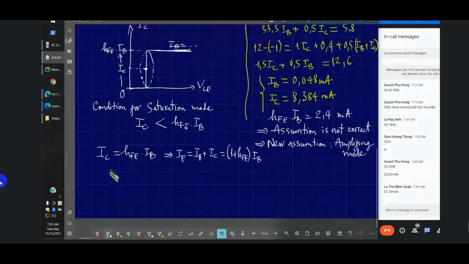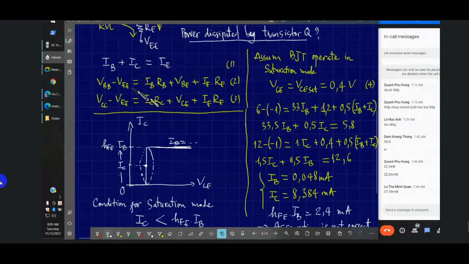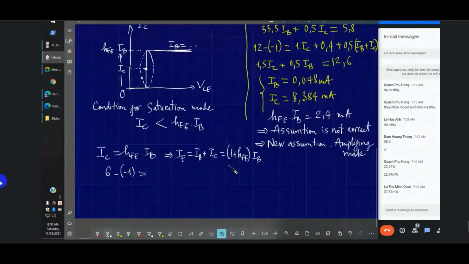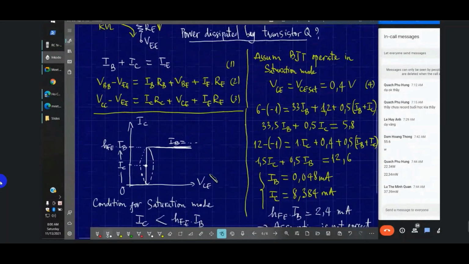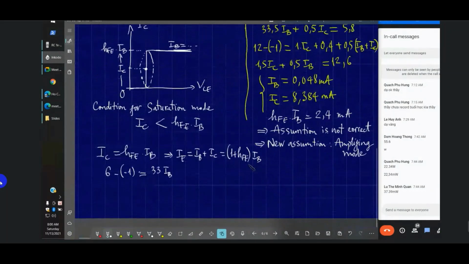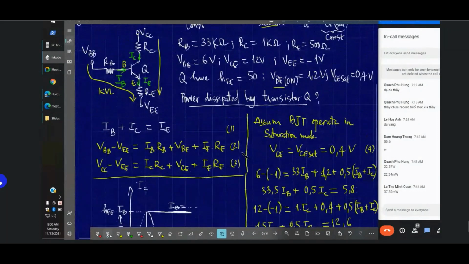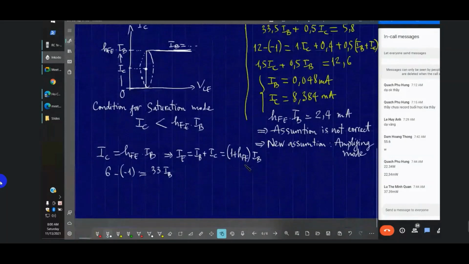It is 6 minus 1. Equal to what? IB RB is 33. Okay, and then VBE is 1.2.